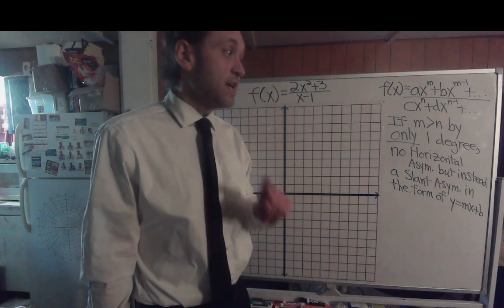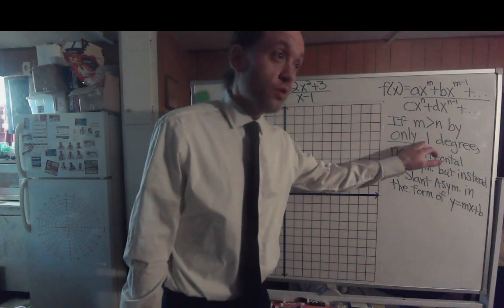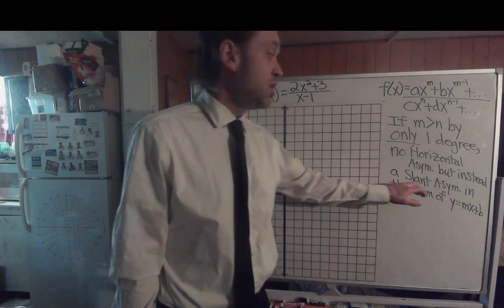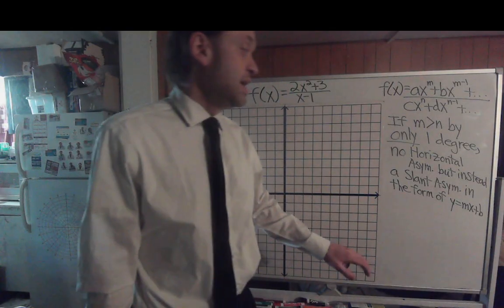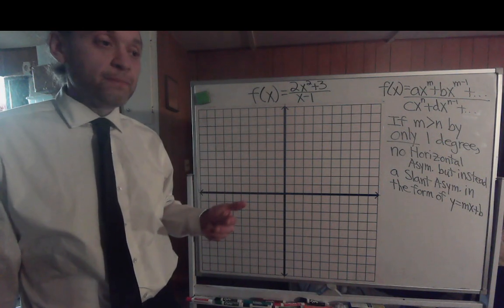If it's greater by only 1 degree, there's no horizontal asymptote, but instead you have what's called a slant asymptote in the form of y equals mx plus b. And when we do this example, we'll discuss how you obtain that.